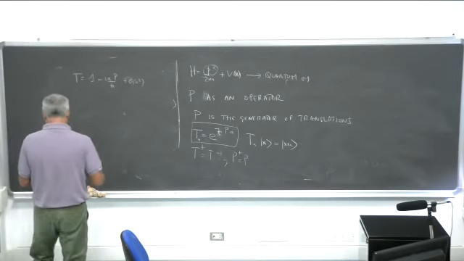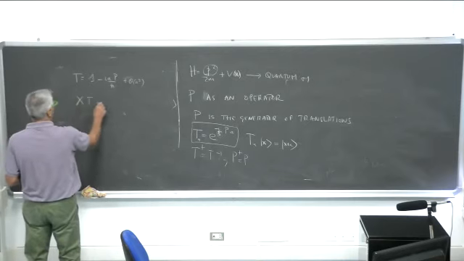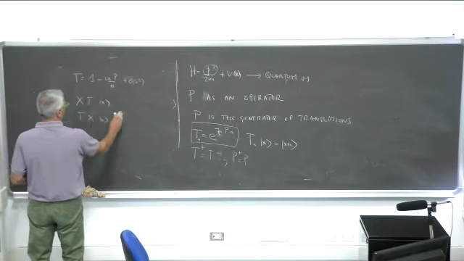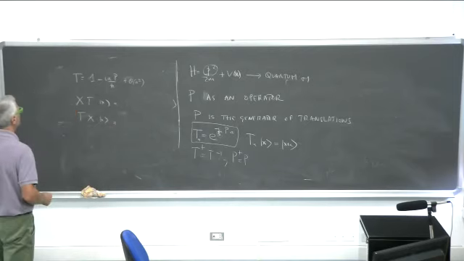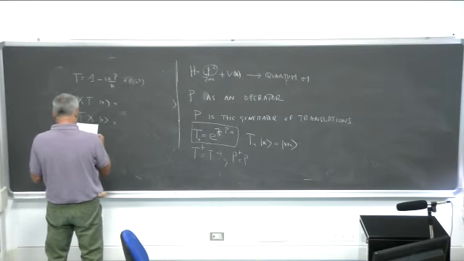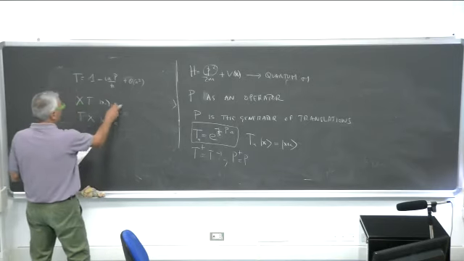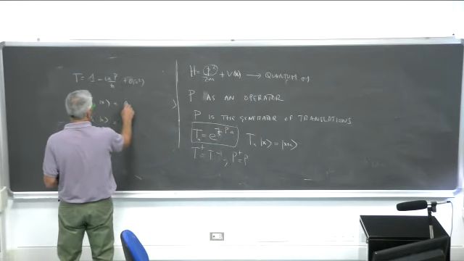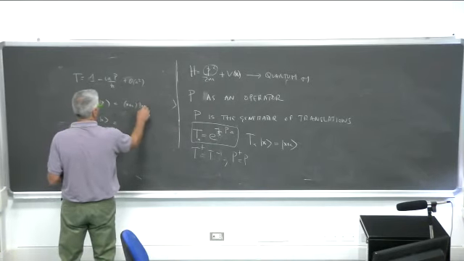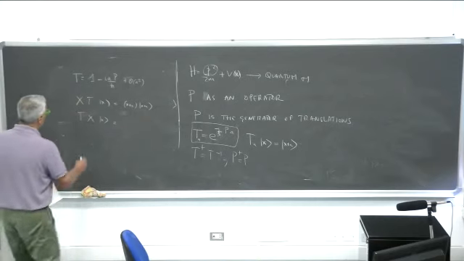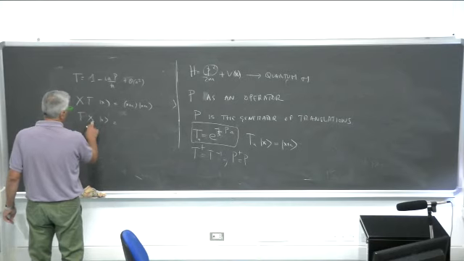Now suppose you take X T applied to X, and the other order, T X applied to X. This shifts X by A, and this measures that amount. So this is X plus A. On the other hand, this X on X is just X, a number.